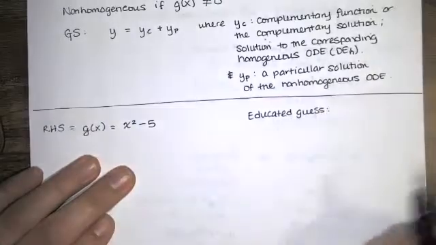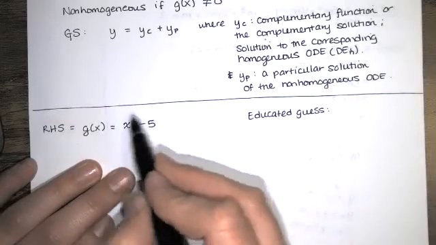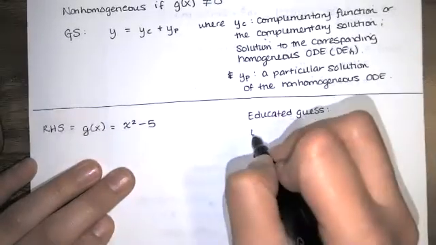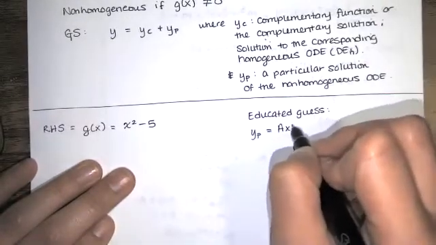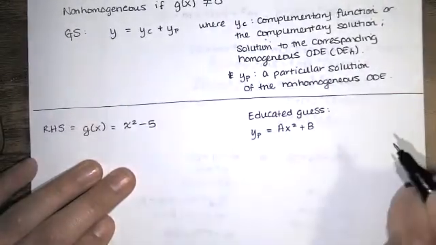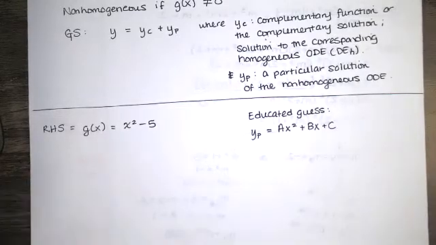You want your educated guess to be a second degree polynomial. Since the right-hand side is a second degree polynomial, I'm going to guess that y sub p is a second degree polynomial. So I'll guess that it's ax squared plus bx plus c for some unknown constants a, b, and c.